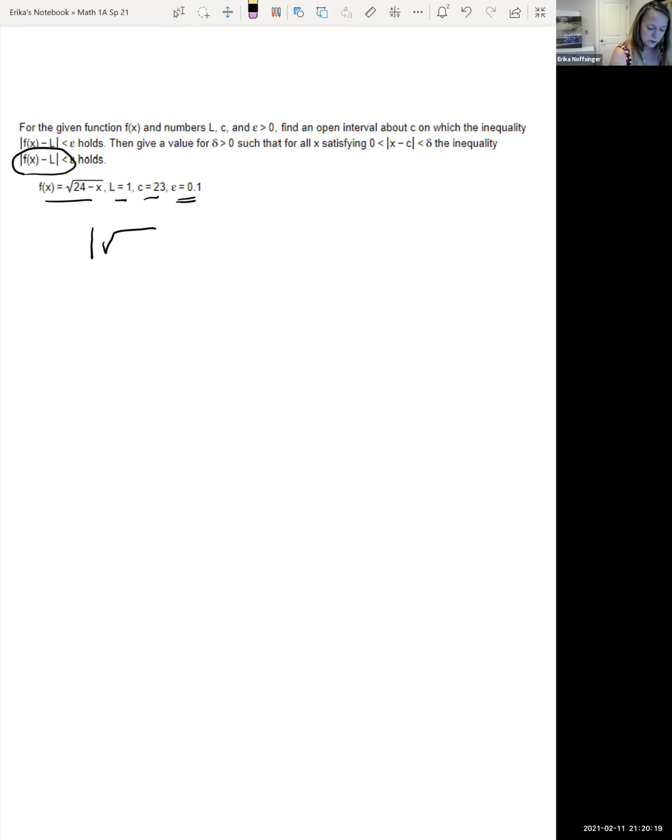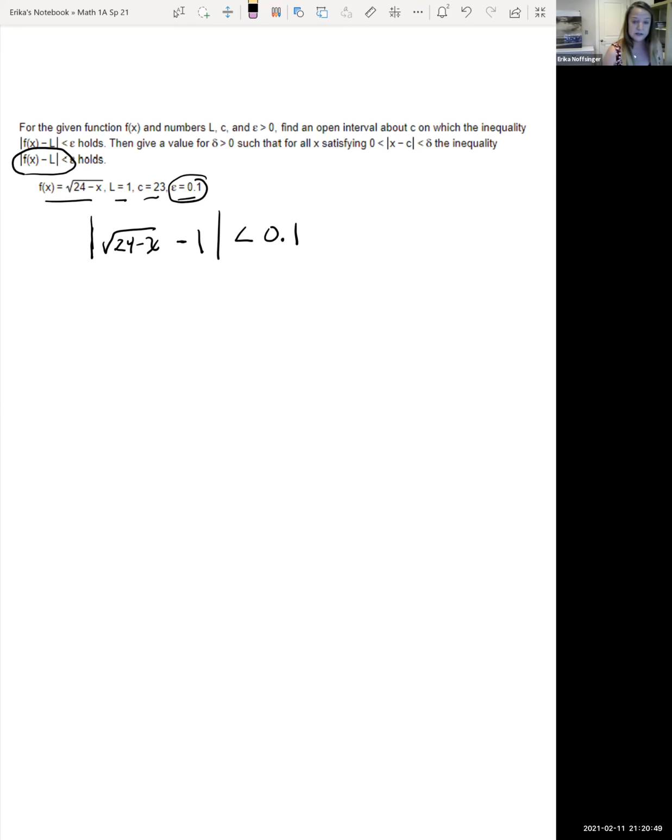So we have the square root of 24 minus x minus our L value, so minus 1. We want the absolute value of that to be less than epsilon. And it gave us what we want to stay within, so 0.1. And we're trying to figure out what delta we need so that this will always hold true. That will be 0.1 away from our L value, which in this case is 1.